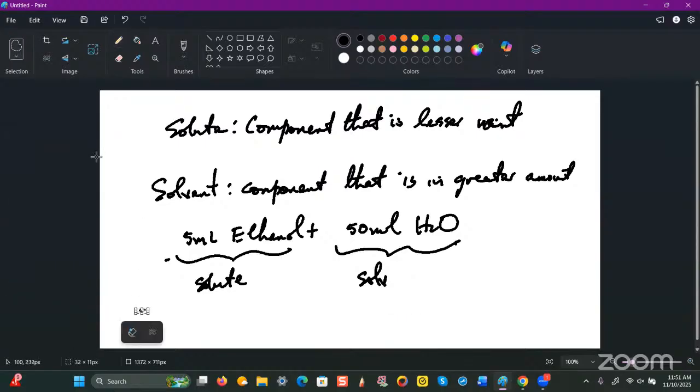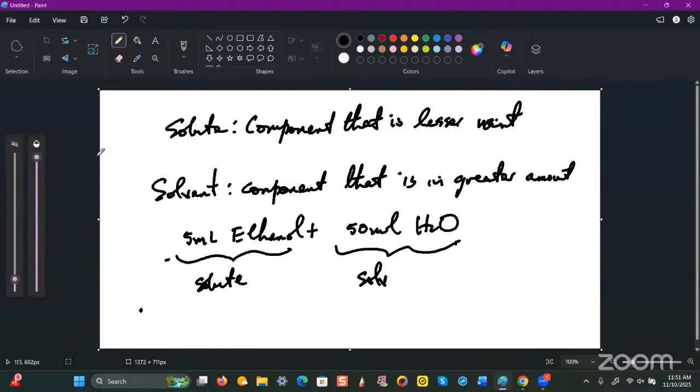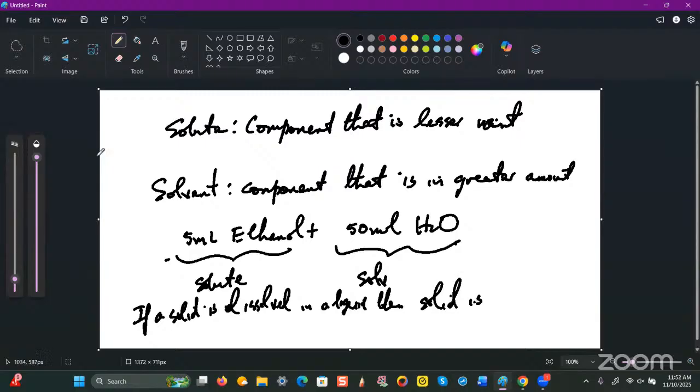If a solid is dissolved in a liquid, then the solid is the solute and the liquid is the solvent.